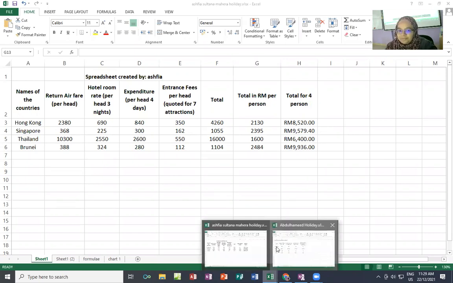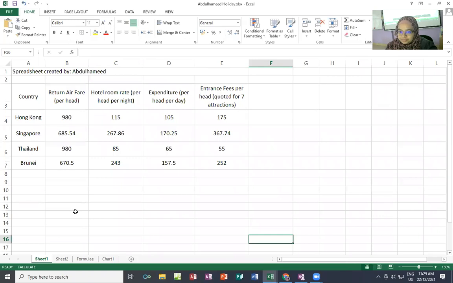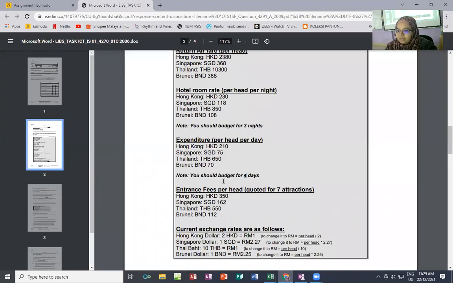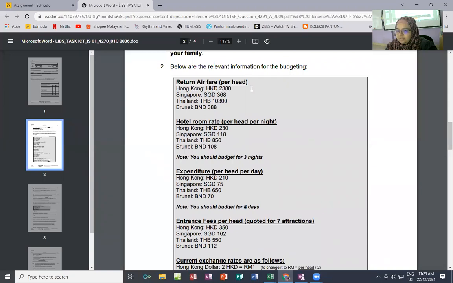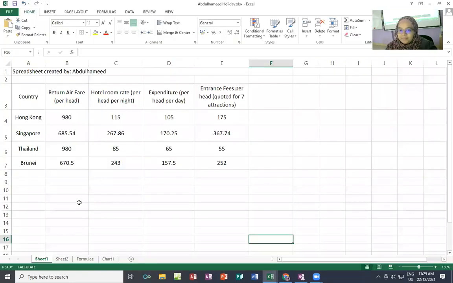So you construct the table according to this. Return FF is how much per head. Singapore is how much. Everything is how much.